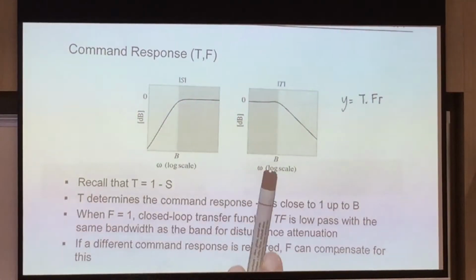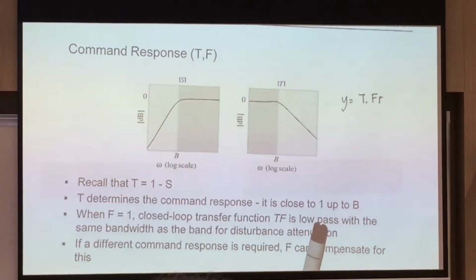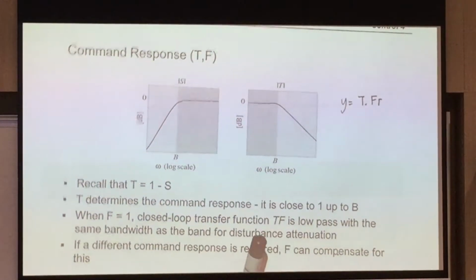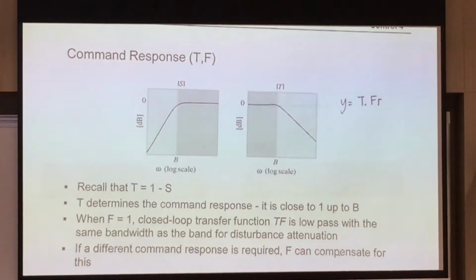Okay, we have very good tracking because the command response is close to 1 up to this bandwidth, 0 to omega. Alright? And if you require a different command response, if you like something else, what you can do is adjust the pre-filter F in front of the reference, okay, to change the command response.